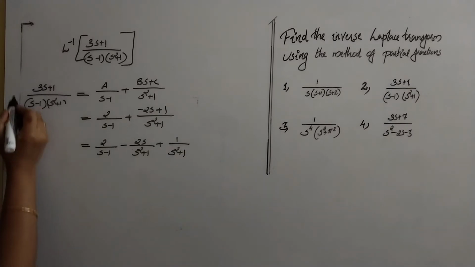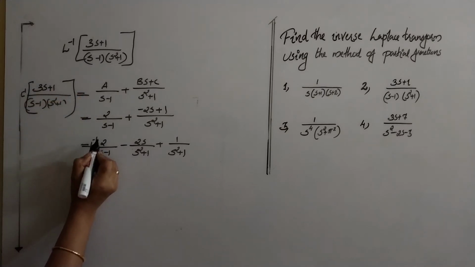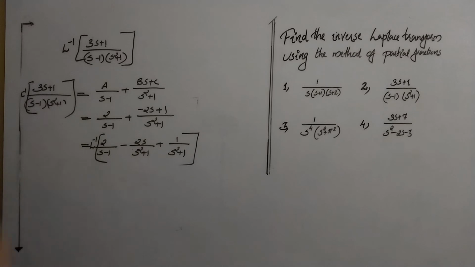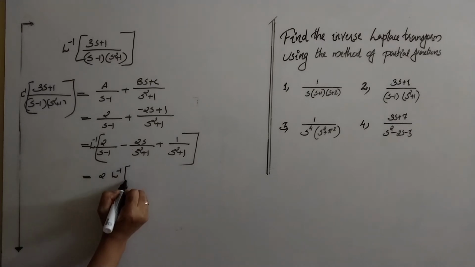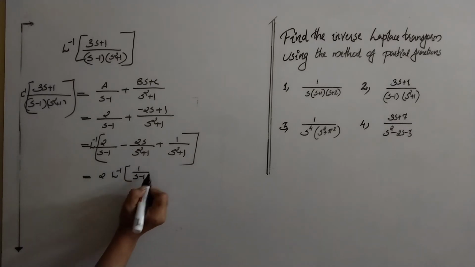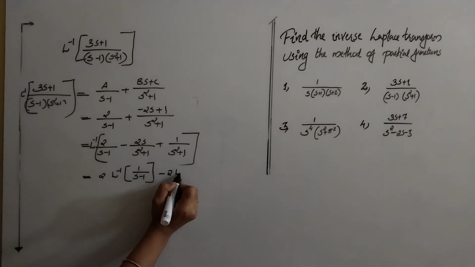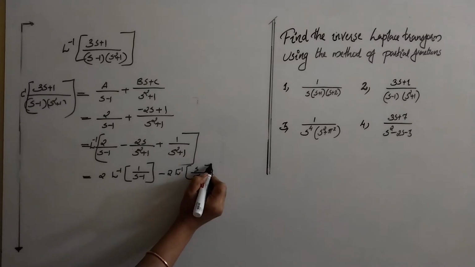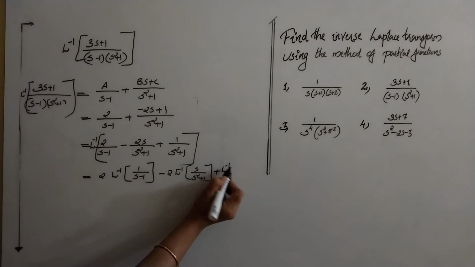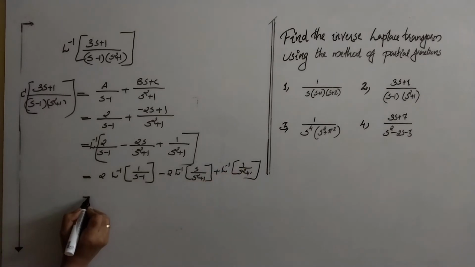Now L inverse of this term is L inverse of RHS. Now using the linearity theorem, this can be written as 2 into L inverse of 1 by s minus 1 minus 2 into L inverse of s divided by s square plus 1 plus L inverse of 1 by s square plus 1.